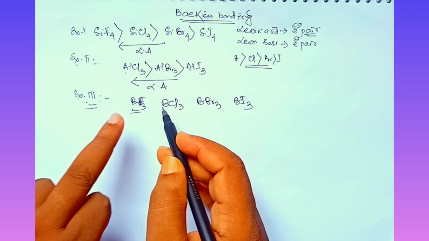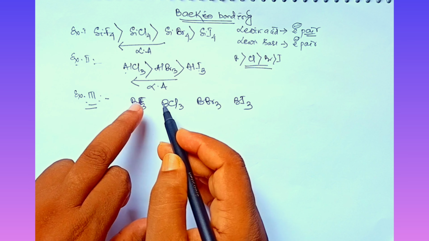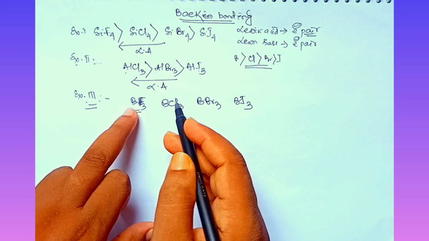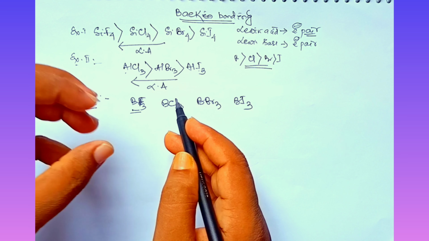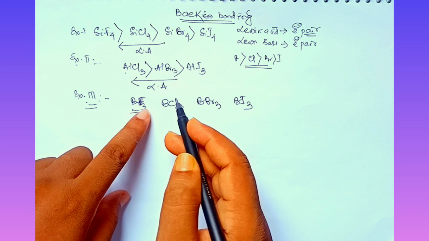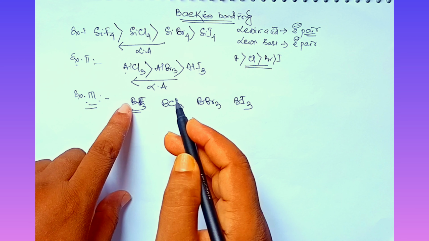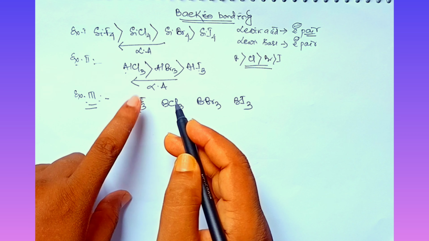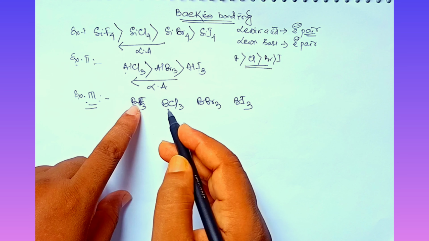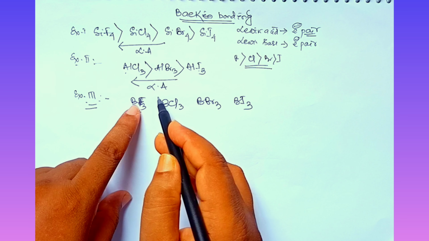In BF3 the back bonding is the best. So the electron scarcity of boron is somewhat reduced due to the donation of a lone pair from fluorine to boron. That's why BF3 cannot be a good Lewis acid. So the pattern will be reversed.